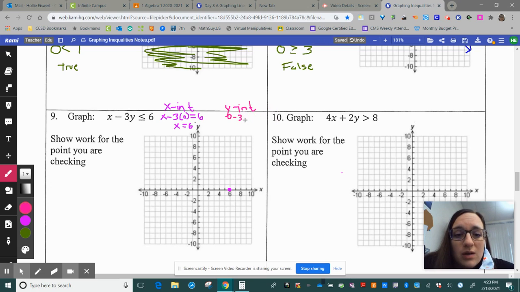Okay, so from here, 0 is just gone, because 0 plus or minus anything is itself, so we can just divide by negative 3. 6 divided by negative 3 is negative 2. So our y-intercept is at negative 2.